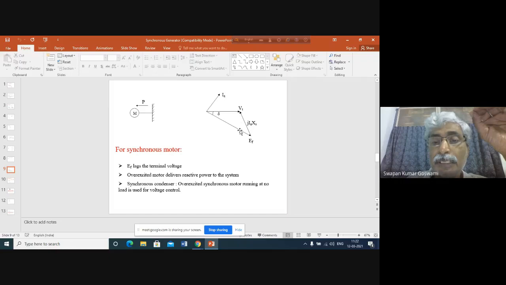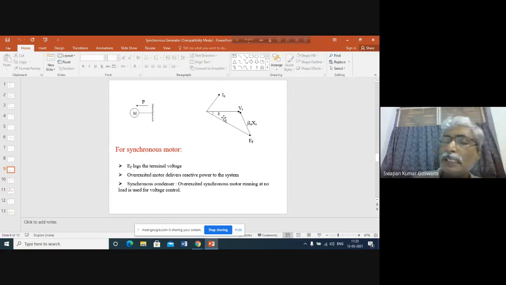That means had this much been the value of EF, say here, then the projection of EF on VT would have been like this. So if you draw a perpendicular from EF to VT, then obviously this will be the value. That means for this much value of EF, EF cosine delta will be equal to VT, and then it is the case of normal excitation. If this is normal excitation, IA will be in this direction, that means operation will be unity.